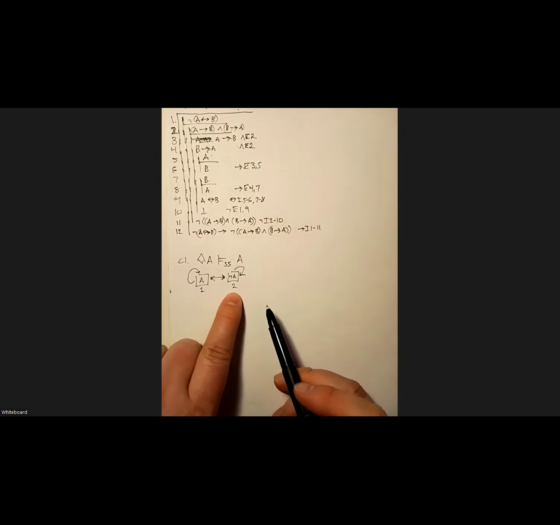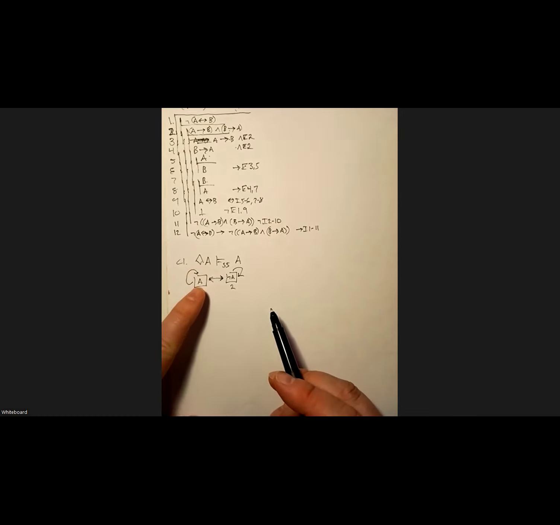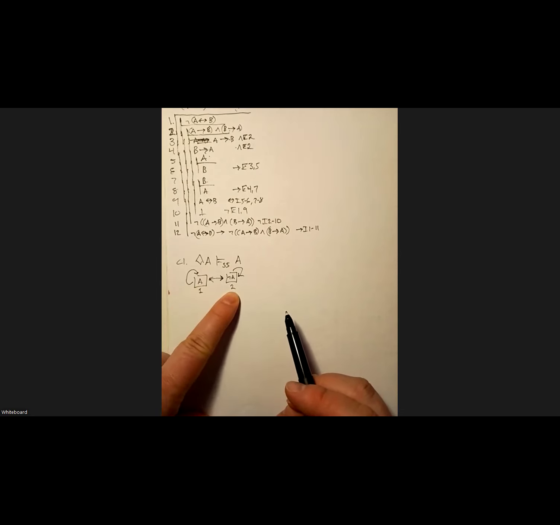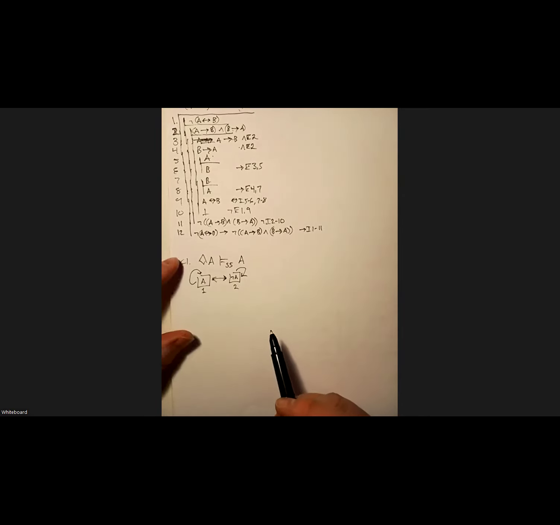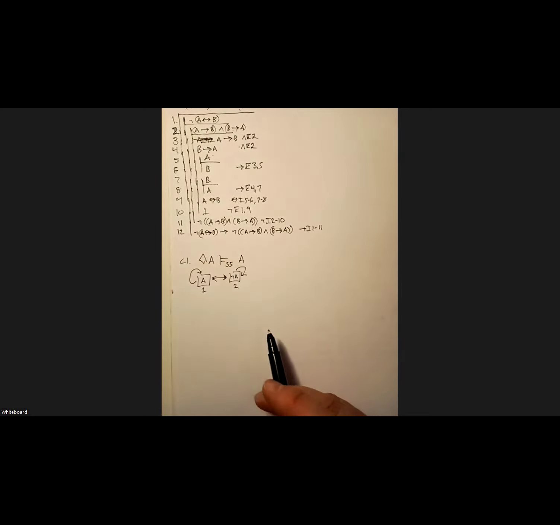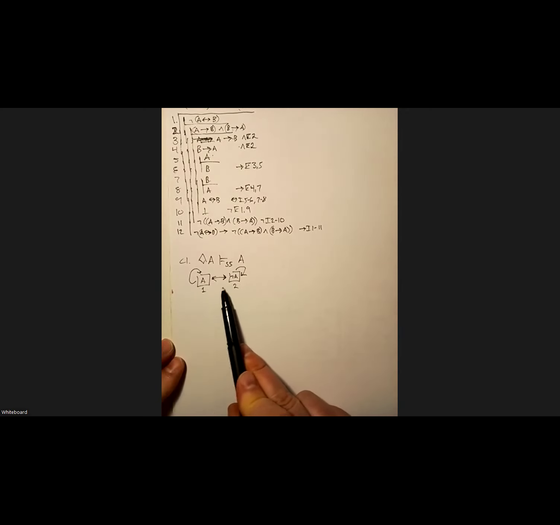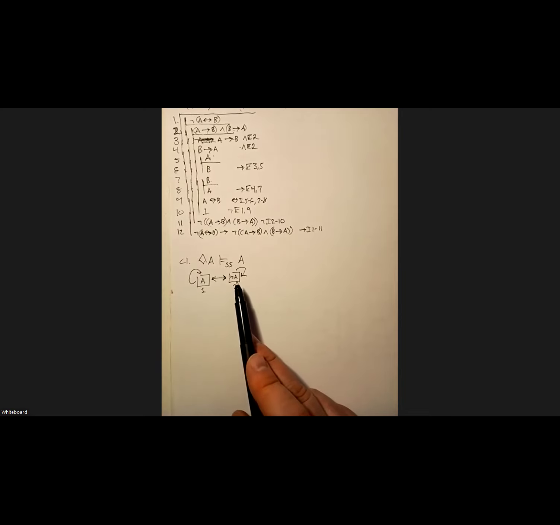If we look at world 2, diamond A is true because it can see a world where A, but A is false because at that world, not A is true. So this is a quick and easy model to show that the fact that diamond A is true in a world doesn't mean that A is in fact true. Something can be possible without it actually being true. Okay, so you don't need to state that it's the case in world 2, it's just generally possible that this is the case. Exactly. If you give me something like this in the exam, 2 points.